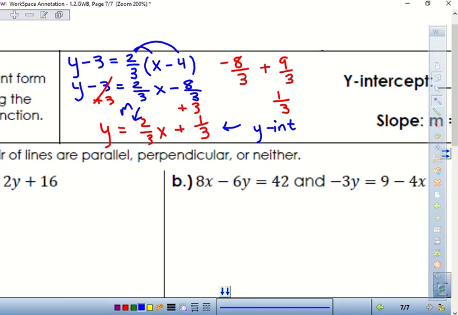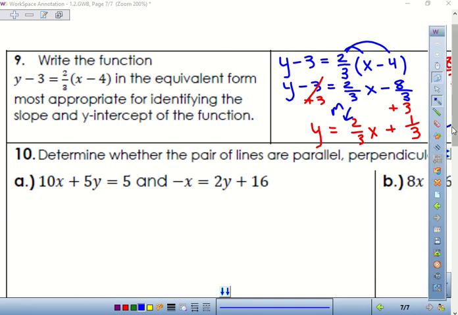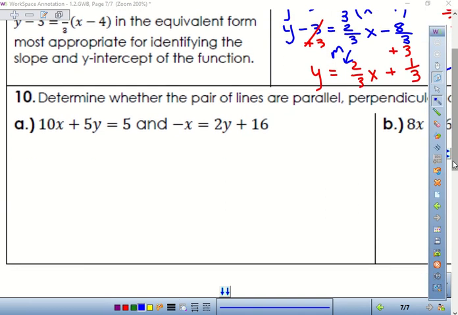All right. So the last 2 questions we're going to look at are going to be rearranging problems to get them into, they're in what form right now? Good. And we want to get them into? Good. So the easiest way to get something into slope-intercept form is to solve for y. So to get y by itself, we're going to start by subtracting the 10x, right?